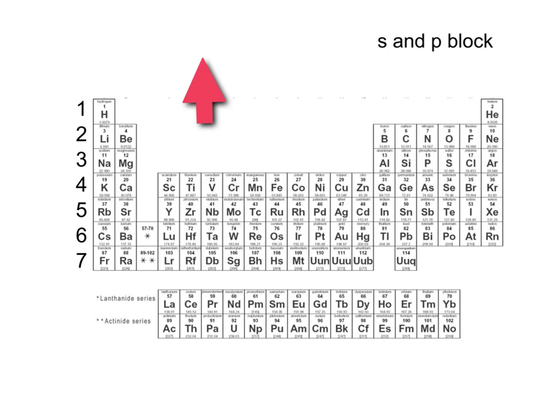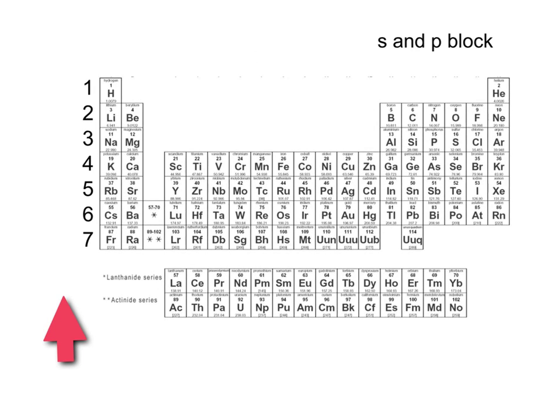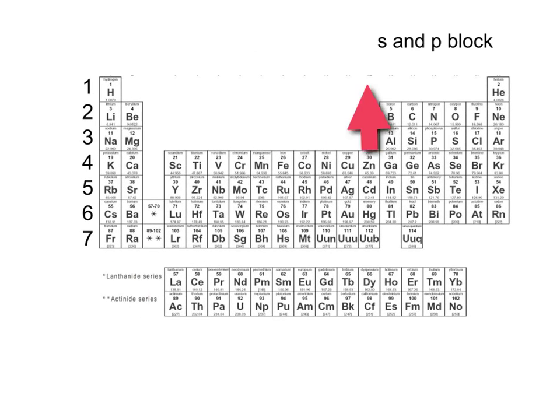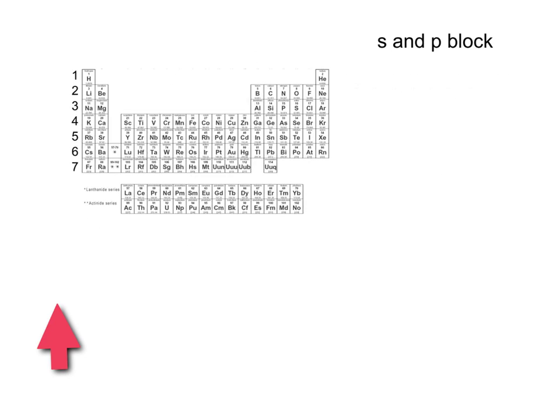We're going to take it element by element and assign the electron configurations of the stuff that's just in S and P block only for now. D block and F block get a little more complicated, so we're not going to do that till later. So we're going to take it step by step.